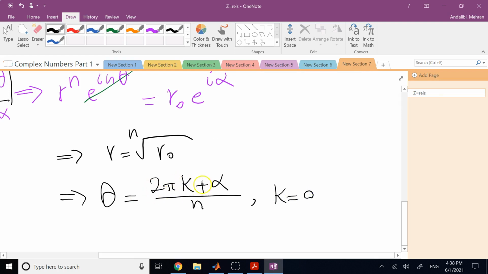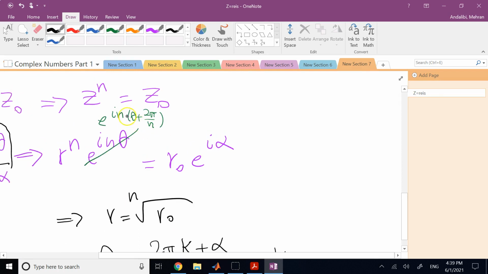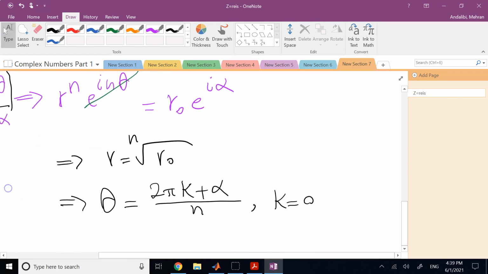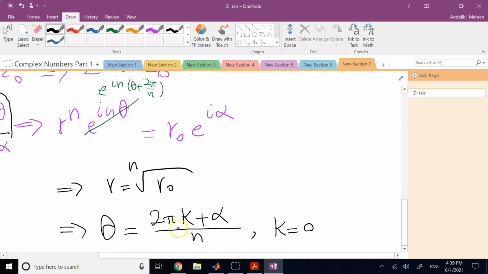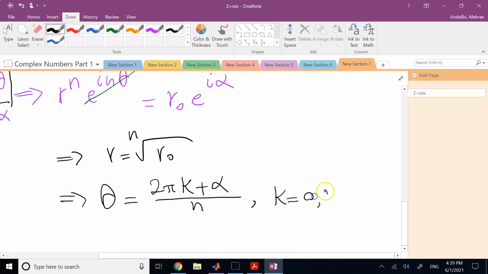If I plug in 0 in it, it is going to be what? Simply alpha over n, which definitely works here. It could also be what? It could also be 1, 2, and all the way to n minus 1.